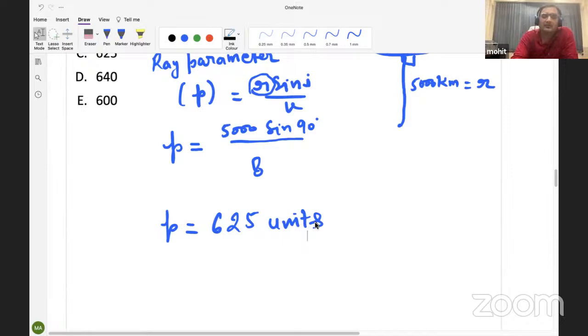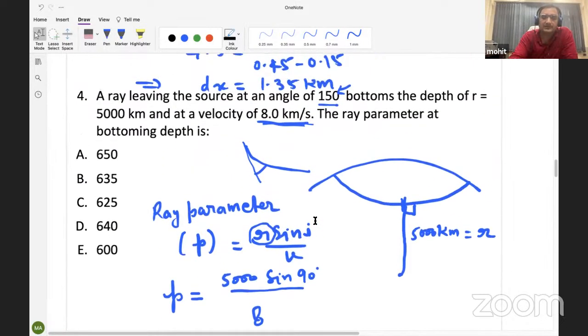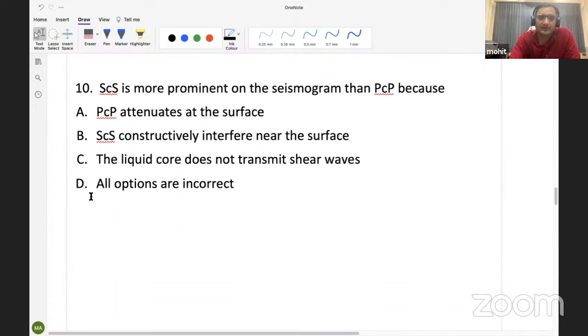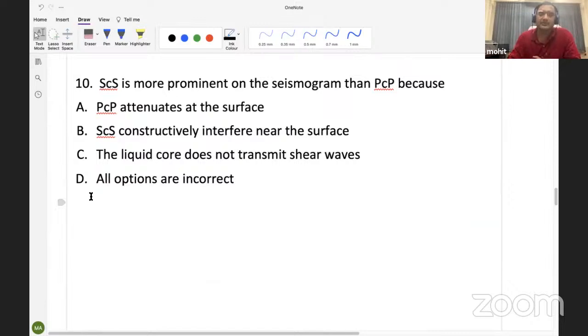Okay. So now when we are looking at our options, then you can say that option number C is correct, which is saying 625 units.